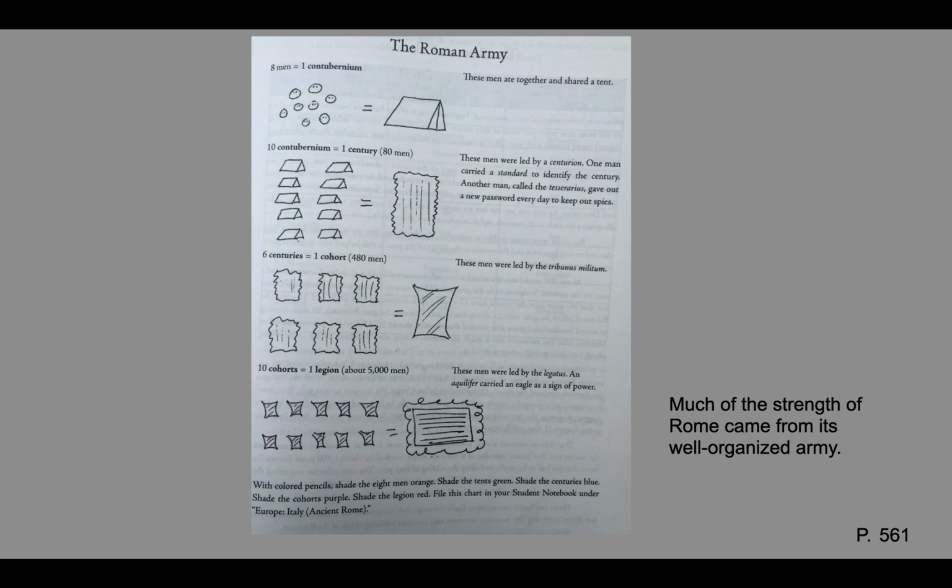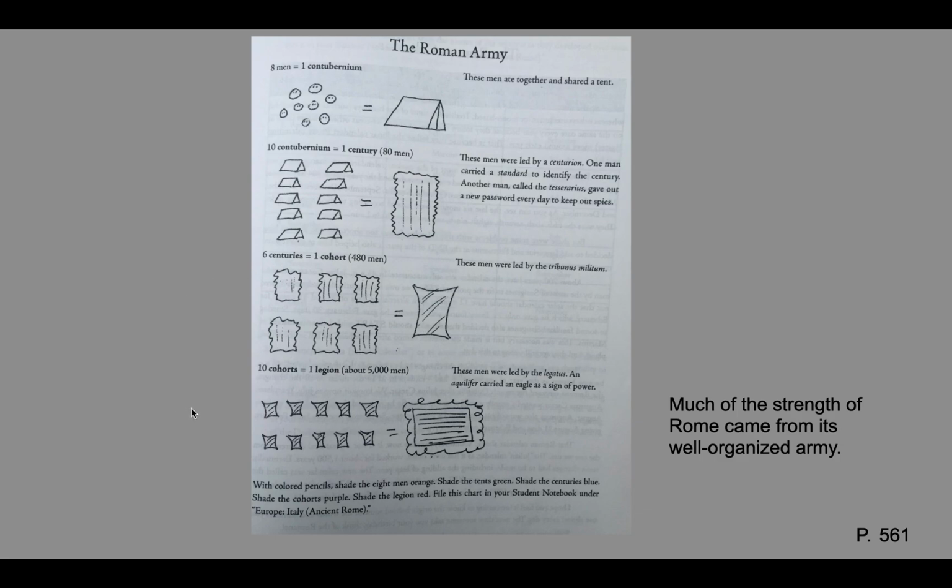All right, so you have a century that had 80 men in it. 6 centuries made up a cohort. So a cohort was 480 men. These men were led by the Tribunus Militum. So right here. And then 10 cohorts.